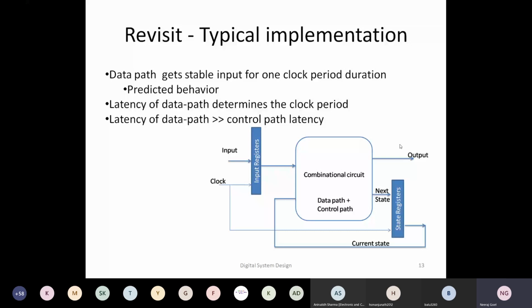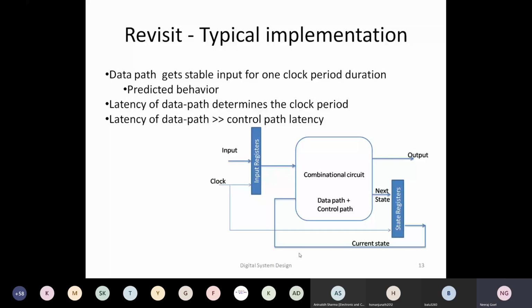The path will start from these input registers or state registers, and then we follow all the gates from the input registers to the output. Then we identify the longest path and the delay in that longest path.